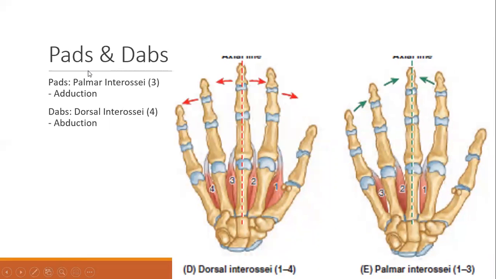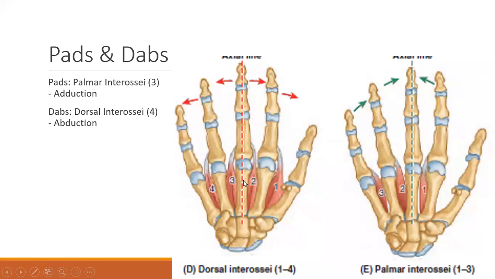For our palmar interosseous and dorsal interosseous muscles, when I learned them, we nicknamed them PAD and DAB to help you remember that the palmar interossei adduct versus the dorsal interossei abduct. So PAD, adduction; DAB, abduction. For adduction, you only need to move digits 2, 4, and 5, so there's no palmar interossei attached to your middle finger because it's already at rest, adducted.